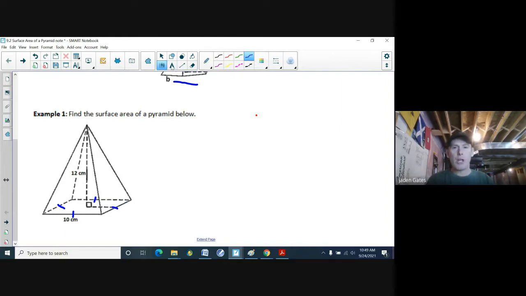But again, when I'm talking about this formula, the surface area is equal to the area of the base, plus N times B S divided by 2.